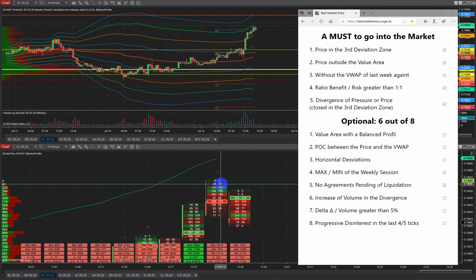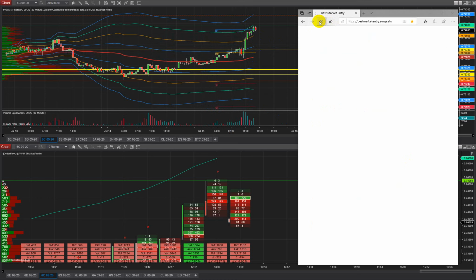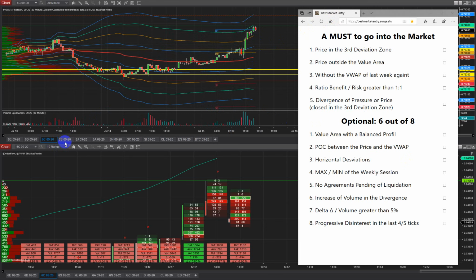So 0.3, later here's 43, later here's 232, 294 in this one, and later they keep adding. So yes, we got that one. But because we have 4, 5 no-go, we know that even if it goes back and it pays the VWAP, this is one that is not for us. So no to the Canadian.